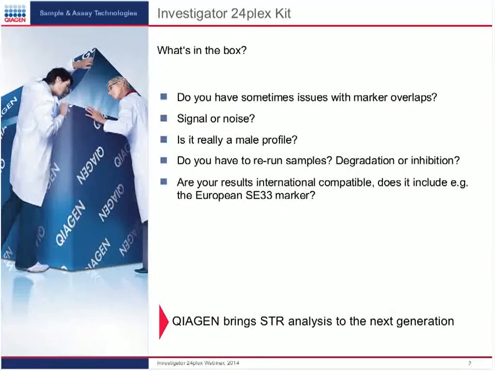Another question, is it really a male profile? So maybe you lost a amelogenin peak in the past. Do you have to rerun samples? How do you know that the PCR failed, or is it a degraded or inhibited sample?